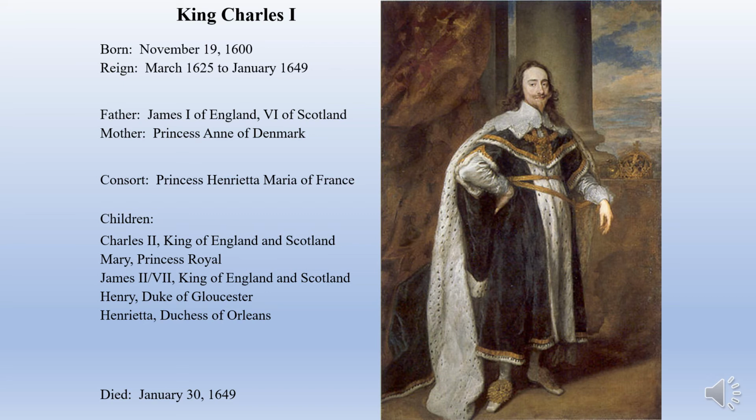Now, Richard Cromwell himself is the son of Oliver Cromwell, and when Oliver dies in 1658, Richard will become the Lord Protector of England. Once he takes office, though, he realizes he is just not capable of being a head of state, and he's forced to dissolve Parliament very quickly upon taking over.